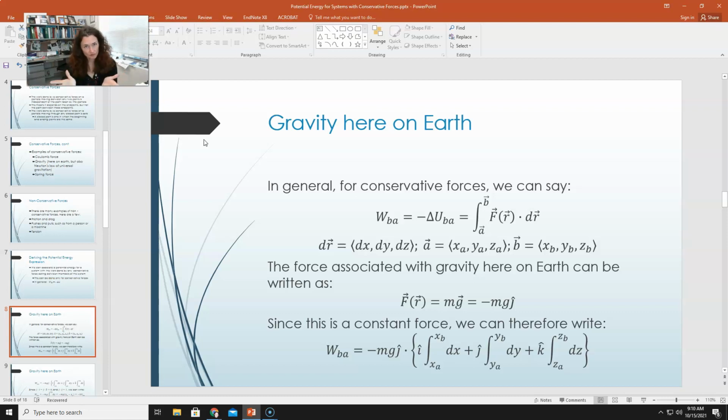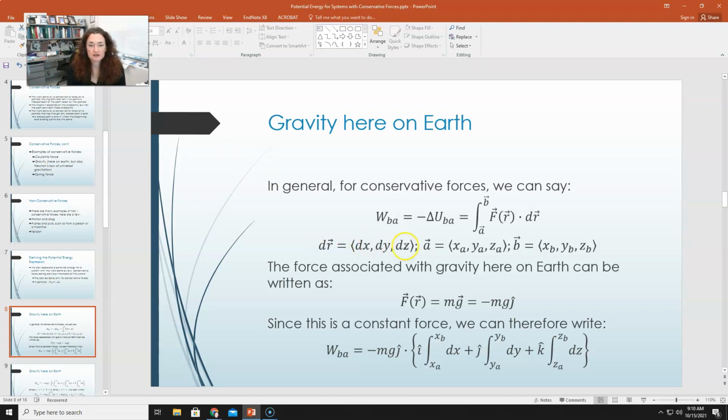Now, let's just do Cartesian coordinates first. So dr would be dx i hat plus dy j hat plus dz k hat. In other words, you're taking a little tiny step in each one of the three directions, x, y, z, which is associated with the unit vectors i hat, j hat, and k hat.